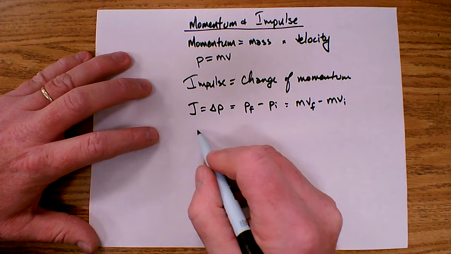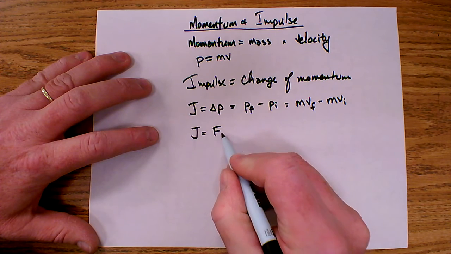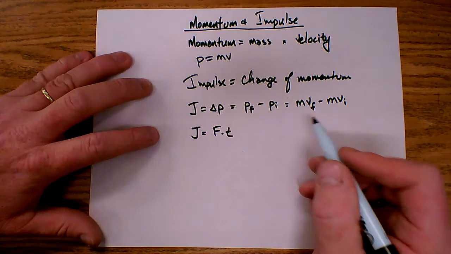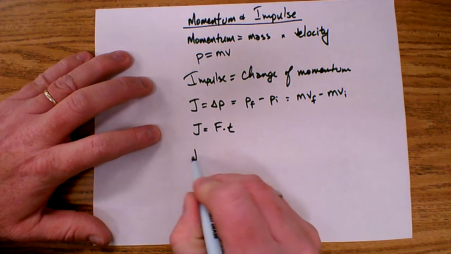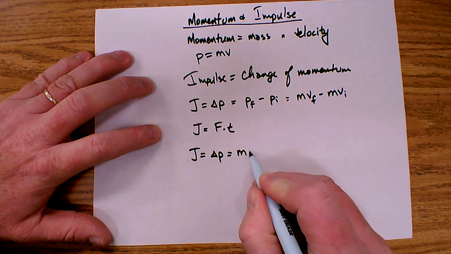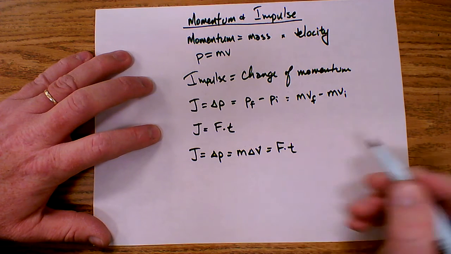Impulse can also be found by taking the net force and multiplying it by the time over which that force is acting. So we have a formula for impulse. We can look at it this way: J equals delta p equals m delta v equals F times t.